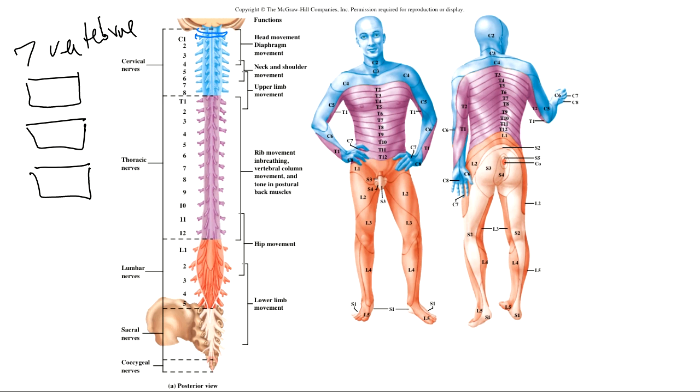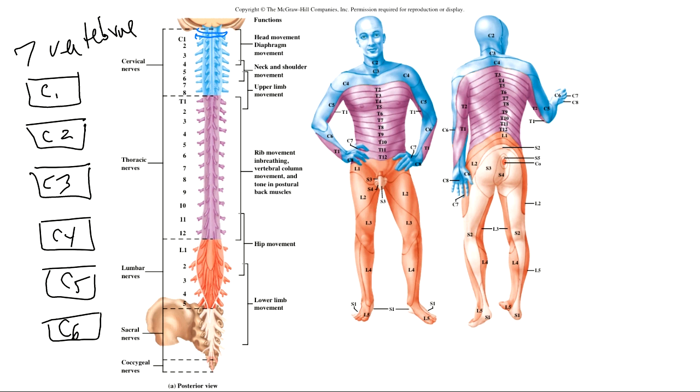So that's C1, C2, C3, C4. Now I wish I made it smaller. C5, C6, C7. Then I want to make T1. I want to make C7 and T1 over here because those are important ones.